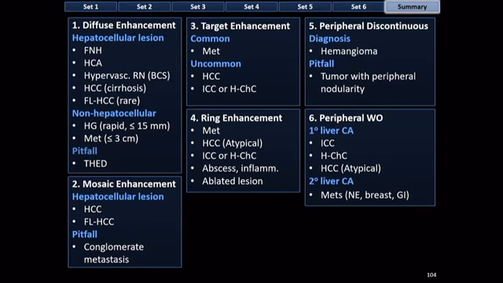ICC, hepatocholangiocarcinoma, occasionally an HCC, or a metastasis. Don't be surprised if you see peripheral washout to better advantage on MRI than on CT. On CT, you can be fooled. The key is that that peripheral rim of enhancement either fades or washes out while the center accumulates, and that's how you can tell the difference between peripheral washout of a cancer versus the peripheral discontinuous enhancement of a hemangioma.